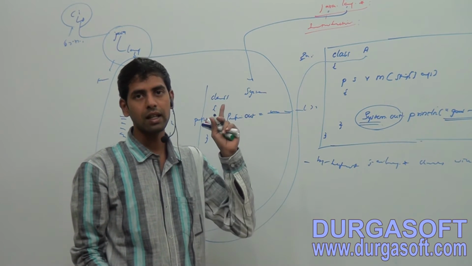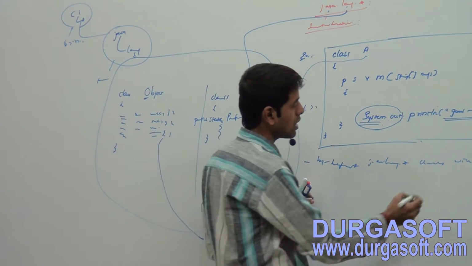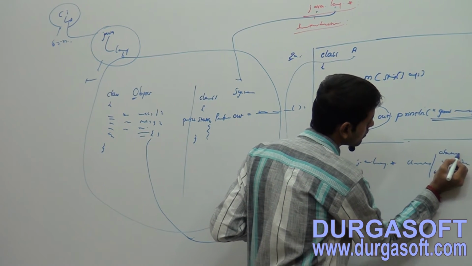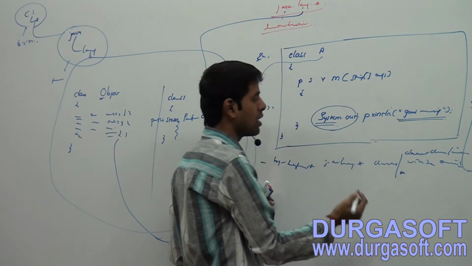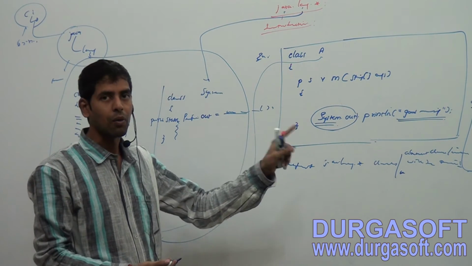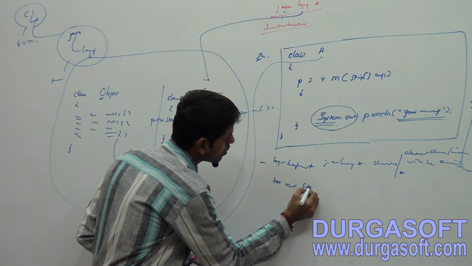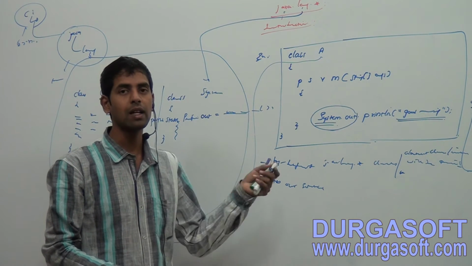Whatever the class is, by default all the classes, interfaces, abstract classes and enums will be available to our source code.